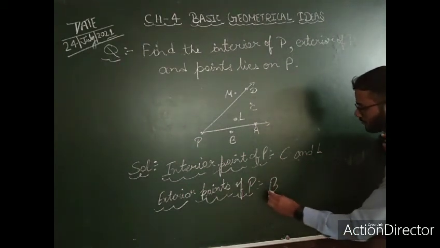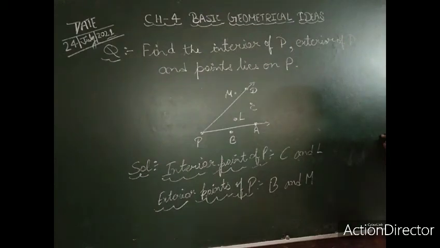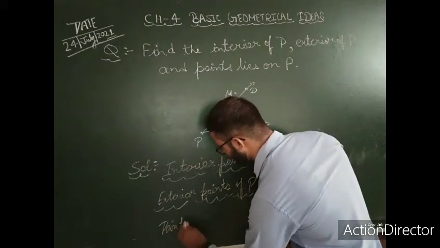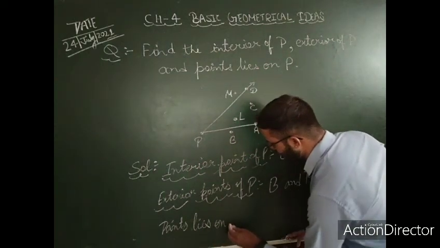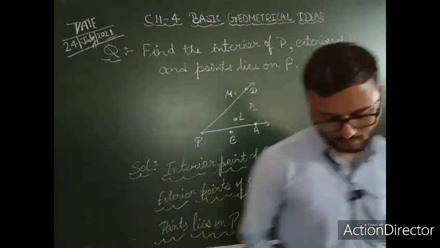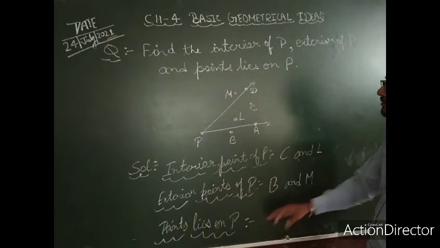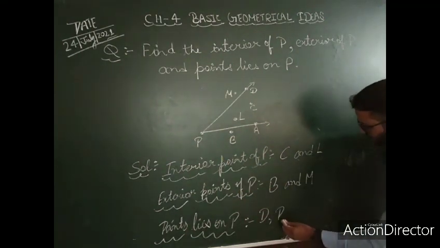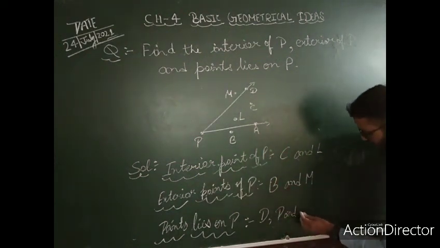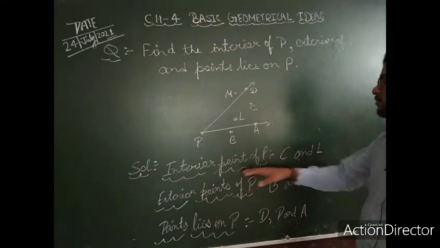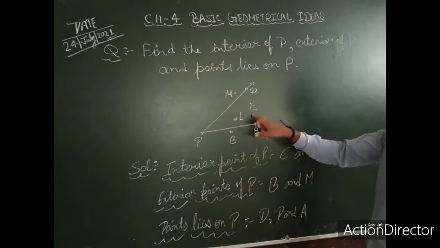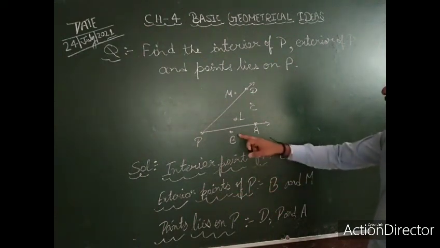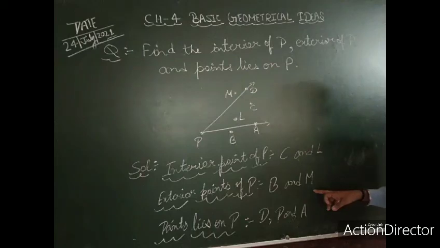So here we write point B and point M are exterior points of P. Now points that lie on angle P. So here point D, point P also, and point A. Okay, so the interior points of angle P, C and L, are the interior points of angle P. Now the exterior points of angle P, point B and point M, are exterior points.